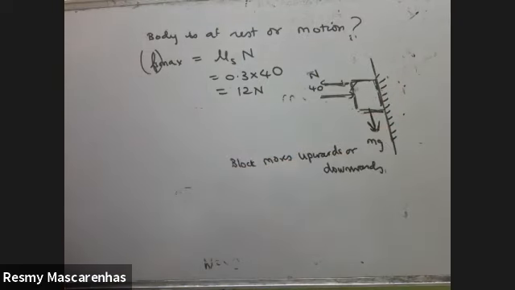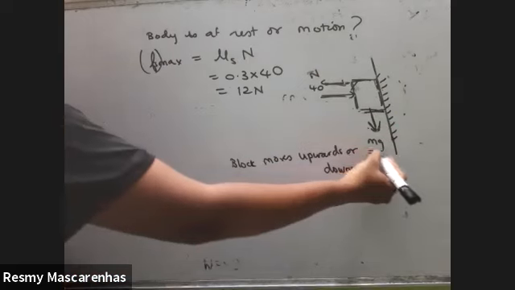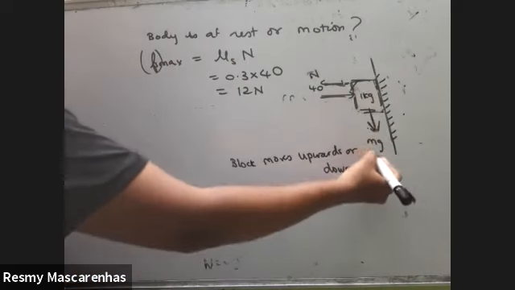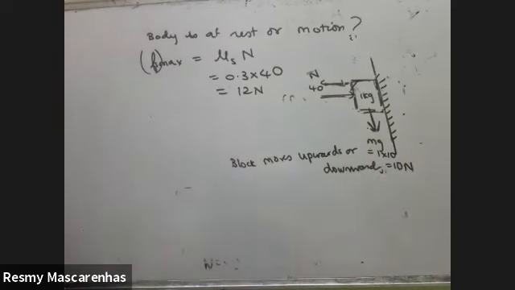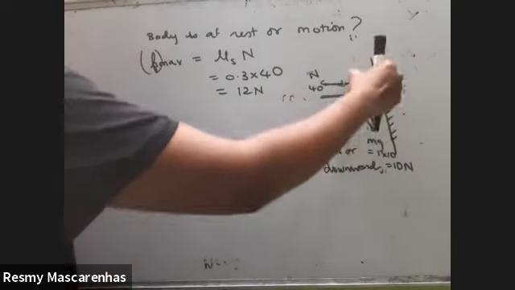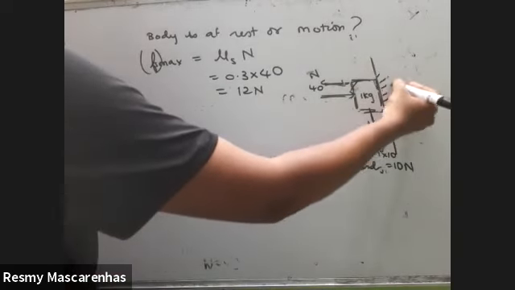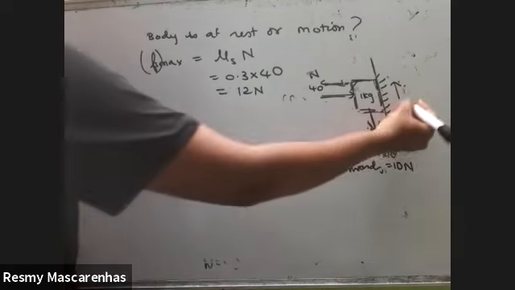What is the gravity force? So that is how much? 1 kg has been given. So 1 into 10, which is 10 Newton. So now gravity is trying to pull the block down. So what will happen? The frictional force will be in the opposite direction.